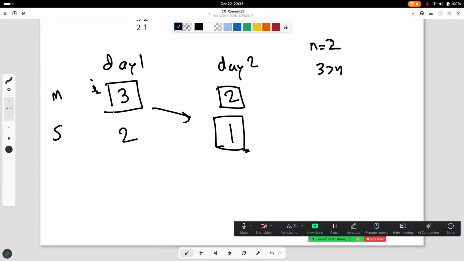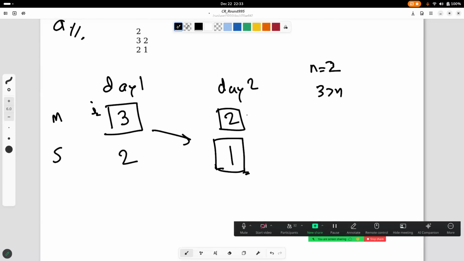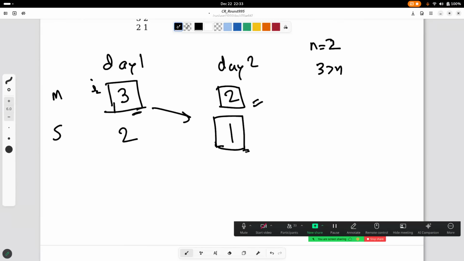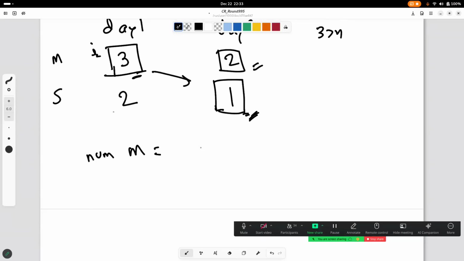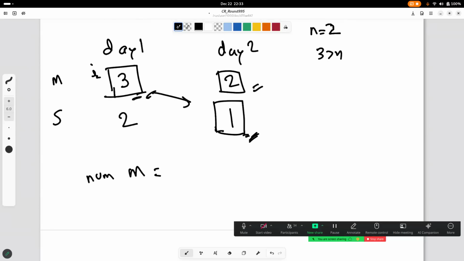If Monocarp solves on day 2, then Stereocarp won't respond by solving any problem. And if Monocarp solves the problem with 3 problems, then Stereocarp will solve the problem on day 2 with 1 problem. Monocarp has solved 3 and 2, so a total of 3 plus 2, that is 5 problems.